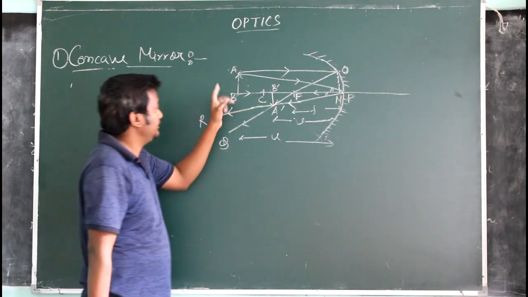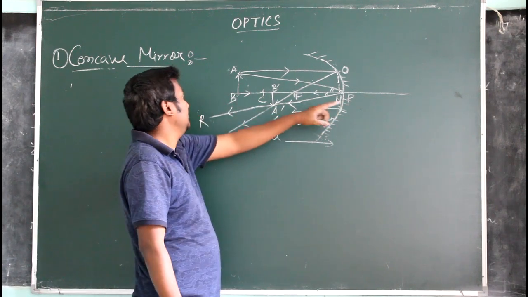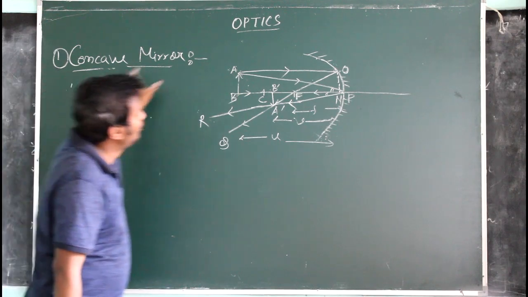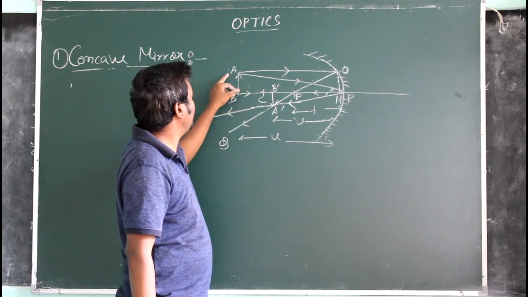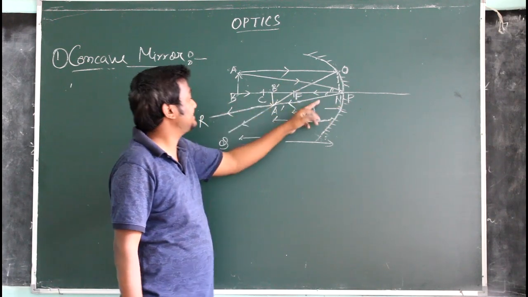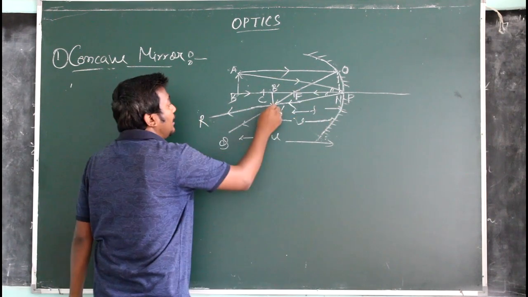So the reflected rays of the two incident rays, AO and AP, meet at one point.